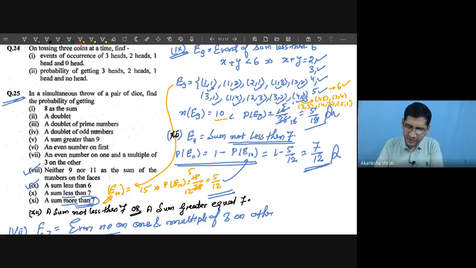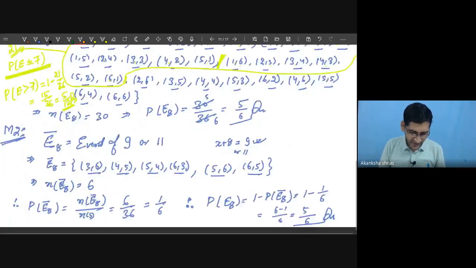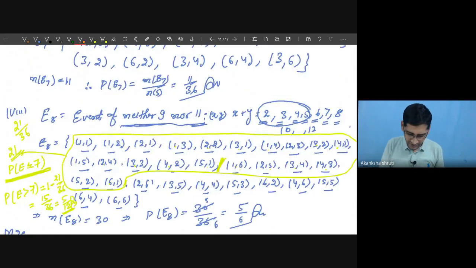For this 11th question, it is solved in this yellow ink. So you should be careful. Once you have understood the concept, they are very easy. So what is less, what is greater, not less, not greater, you should be careful in that, because many a time the equal is missed.